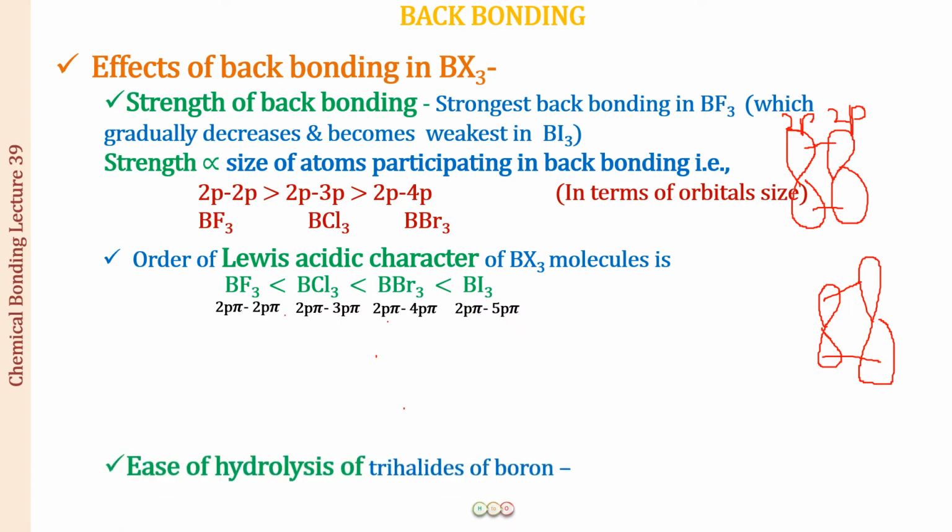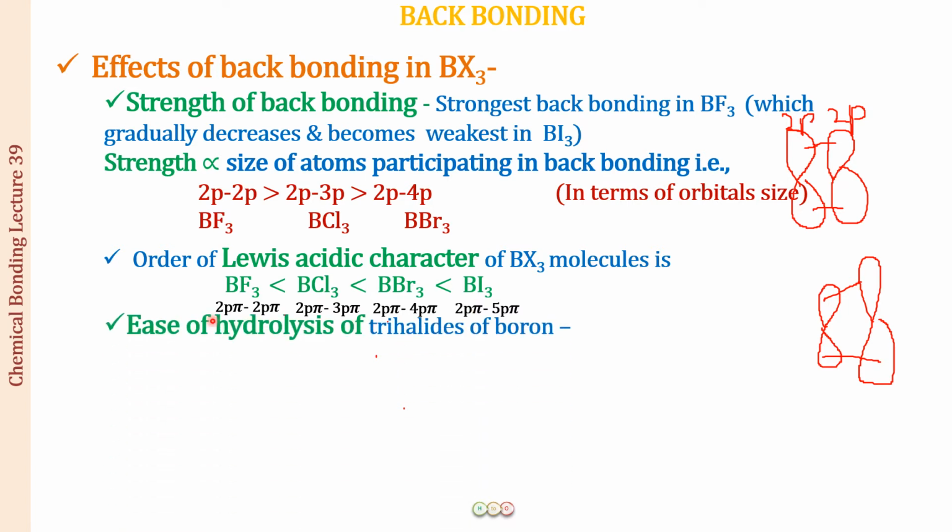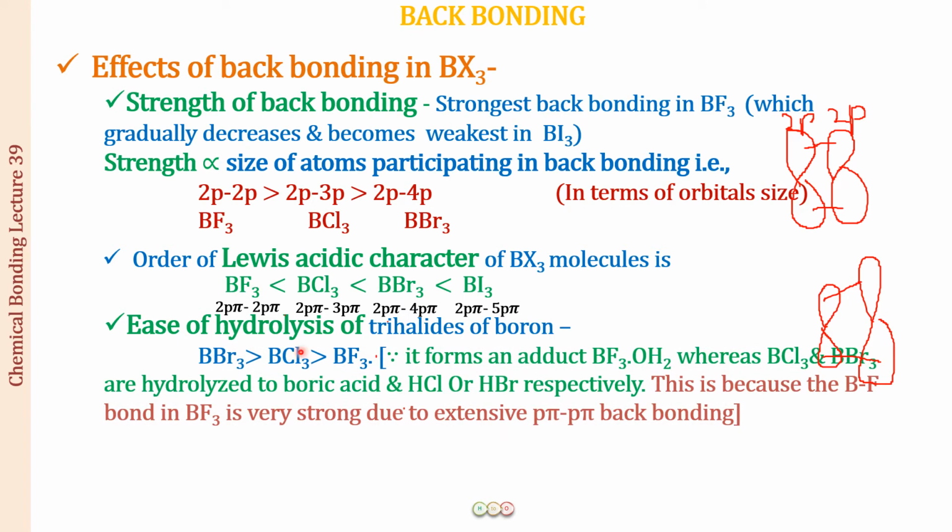Alright. Now the next we move on to the ease of hydrolysis of the trihalides of boron. What we find is that BBr3 is going to be most easily hydrolyzed, then BCl3, and the least is going to be BF3. Again, I hope you can understand this is because of back bonding.